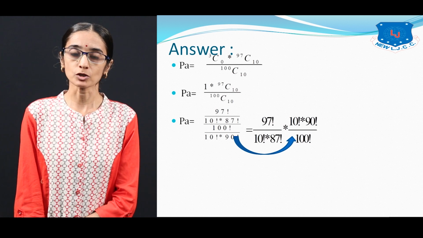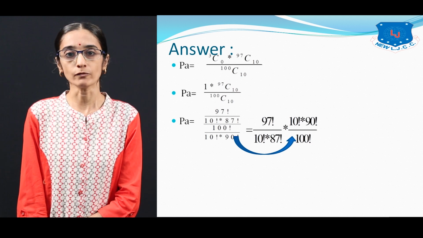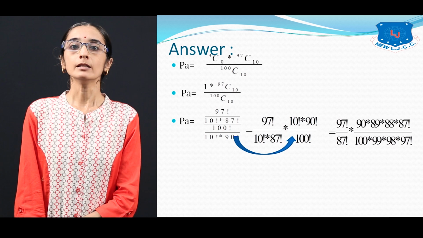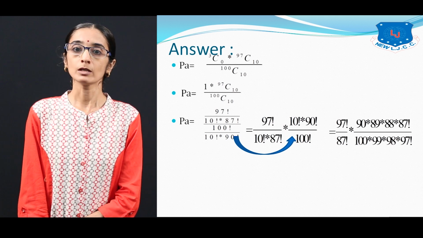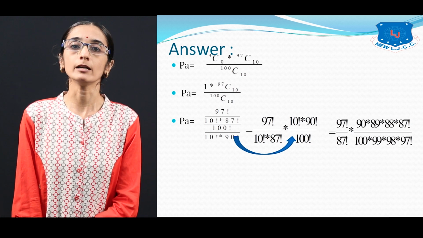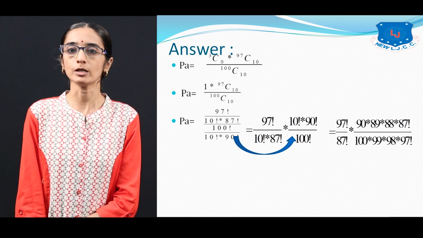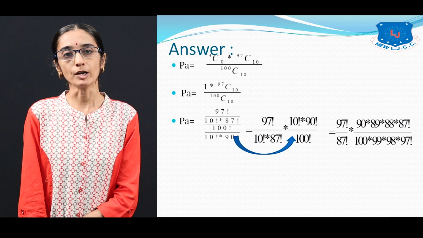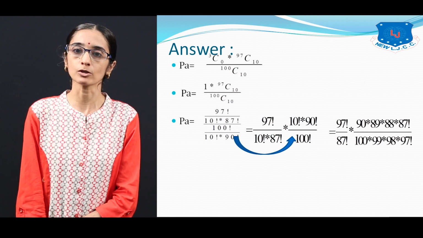So now we are substituting the values of 100 factorial and 90 factorial. The next step will be 97 factorial upon 87 factorial into the substitution result of 90 factorial, that is 90 into 89 into 88 into 87 factorial, divided by 100 into 99 into 98 into 97 factorial.